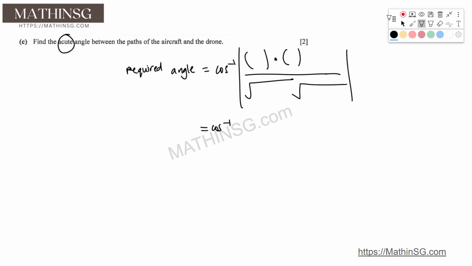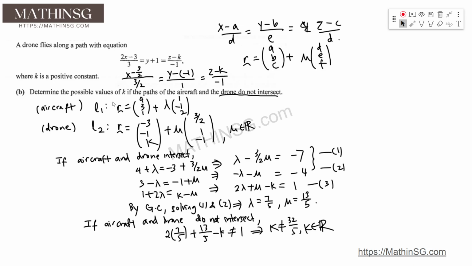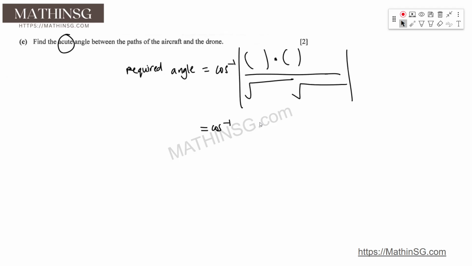The direction vector of the aircraft is (1, -1, 2). The direction vector of the drone is (3/2, 1, -1). So let's put it in.